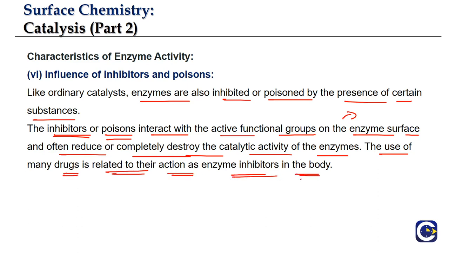Say if there is a particular catalytic activity going on which is harmful to our body, then specific drugs can go and act as an inhibitor or a poison, where they will destroy the harmful biochemical reaction when it is happening. So this is about the idea of inhibitors and poisons.